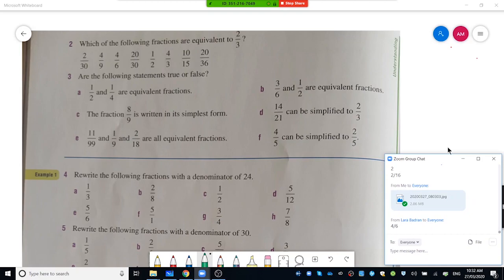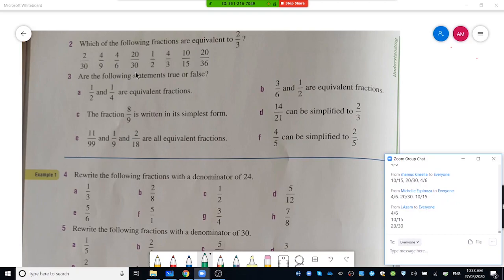Good, good, good. So if we see 4/6, the factor is 2, 2 times 2 is 4, so 4/6 is equivalent to 2/3.